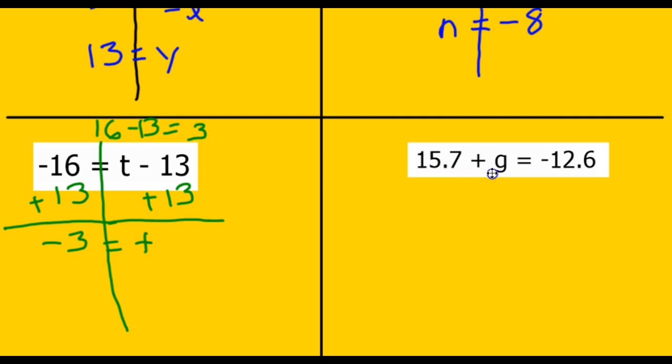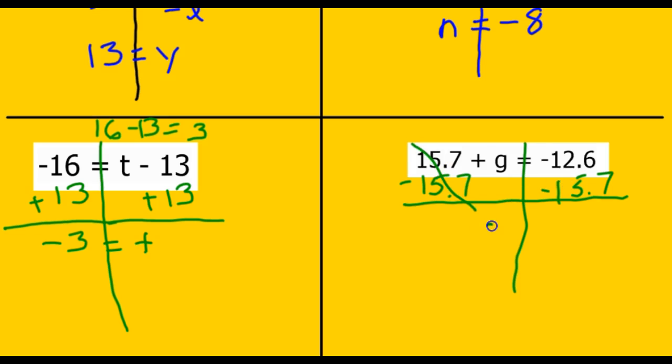Here I'm going to do the opposite. So the opposite of plus is minus. So minus 15.7. Minus 15.7 over here. So I have G equals, now I have two negatives and I'm subtracting.